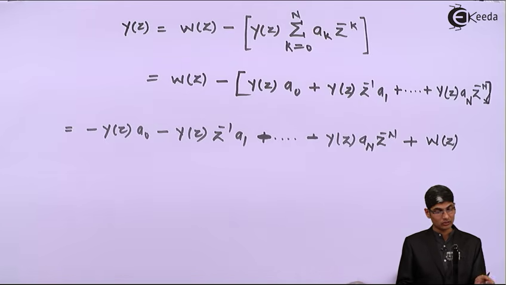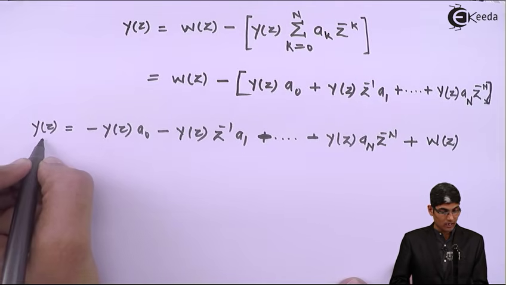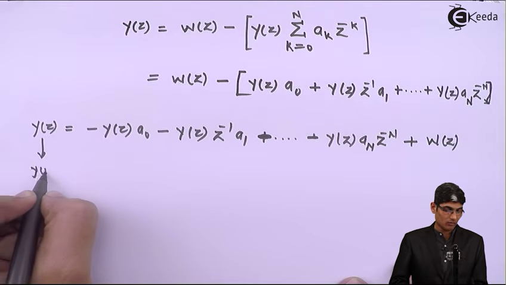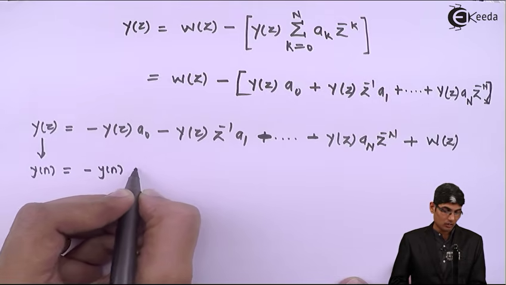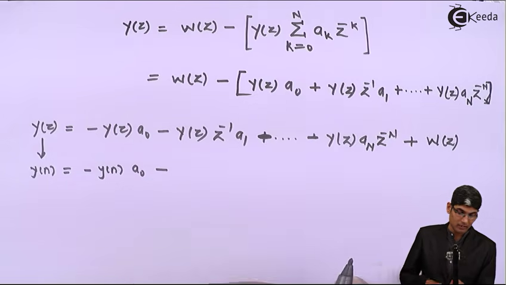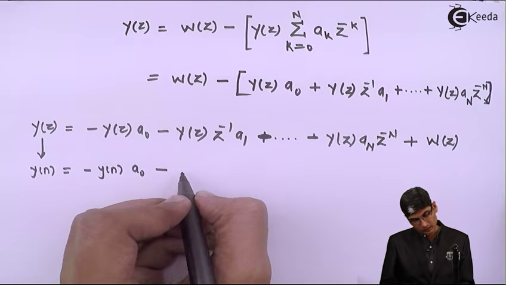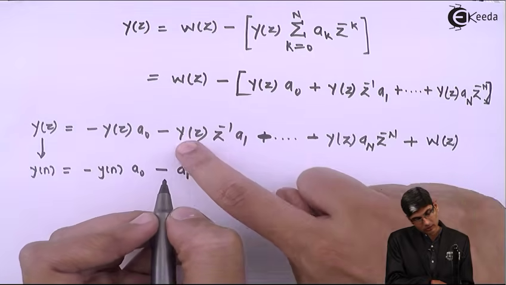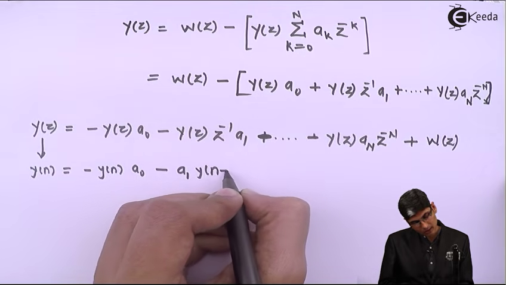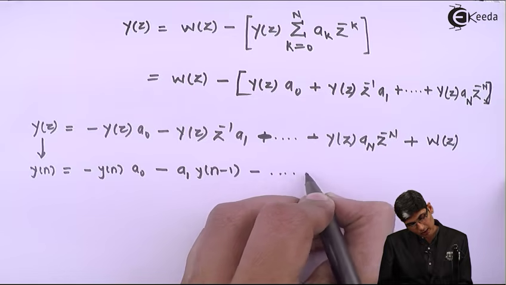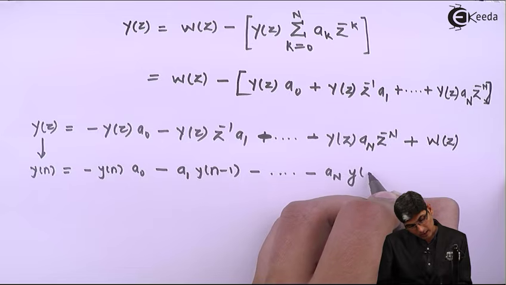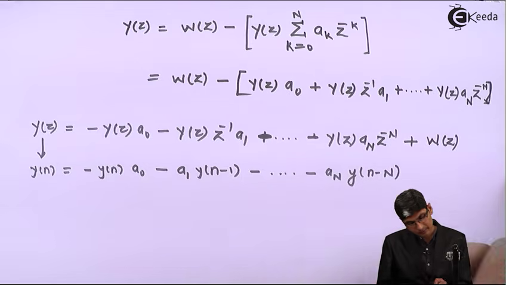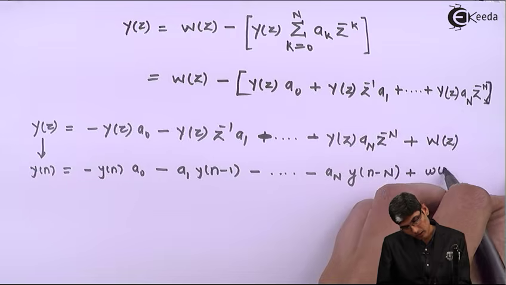Now this is y of z equals to, right. Now let us take the inverse z transform. Inverse z transform of this will be y of n equals to minus, this will be y of n into the coefficient a0 minus, I will write the coefficient ahead now, a1. Now this z inverse y of z will give me y of n minus 1, minus so on and so forth, minus an y of n minus n plus w of n.